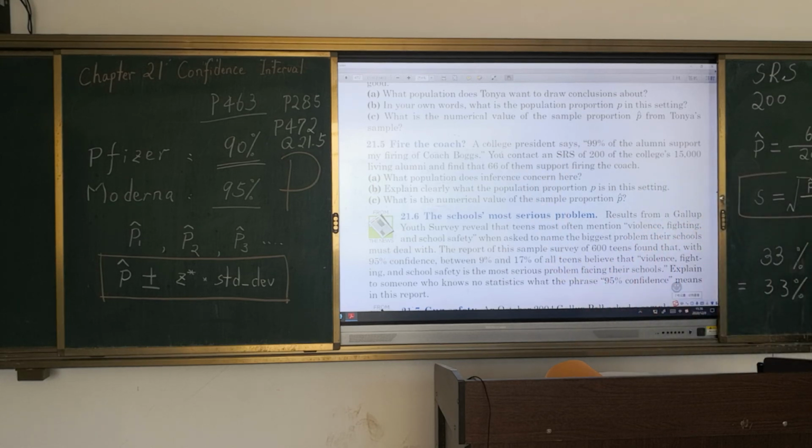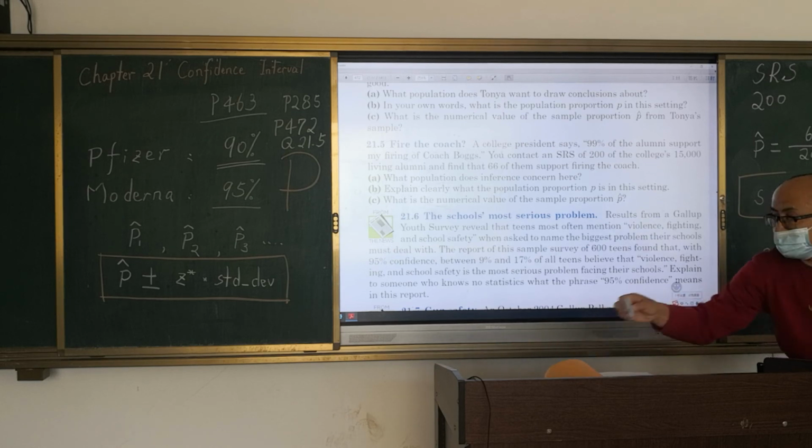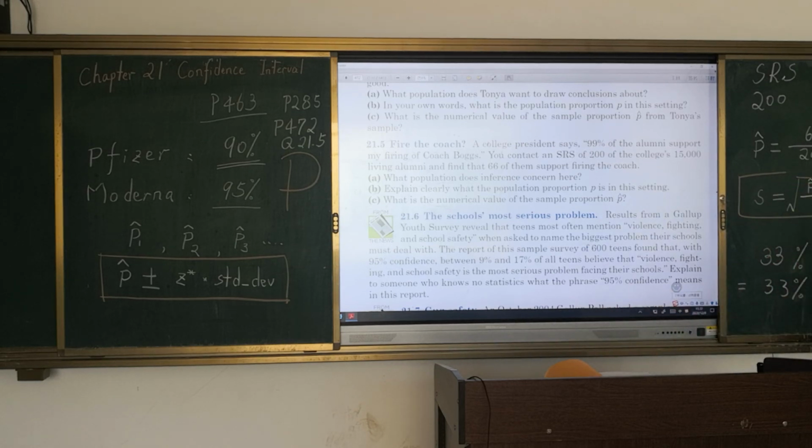Even if we make it wider, we change this to 3. It's a 99.7% confidence.